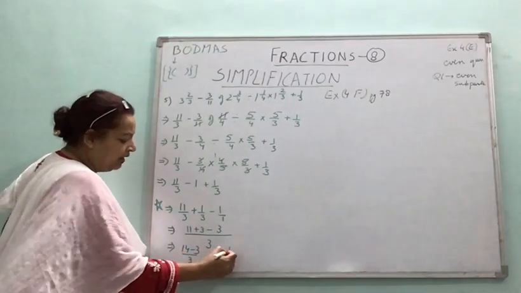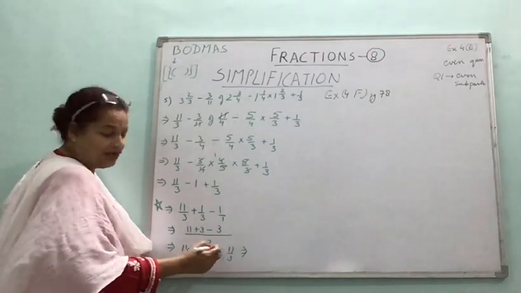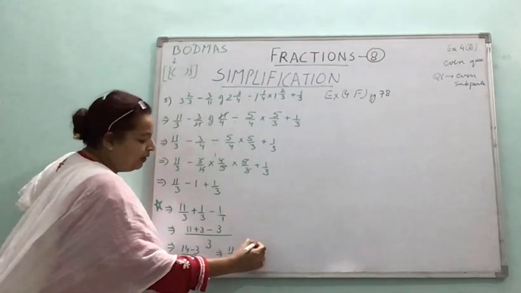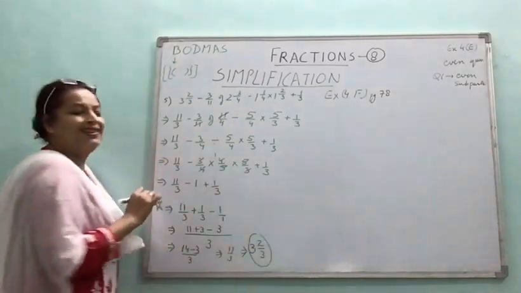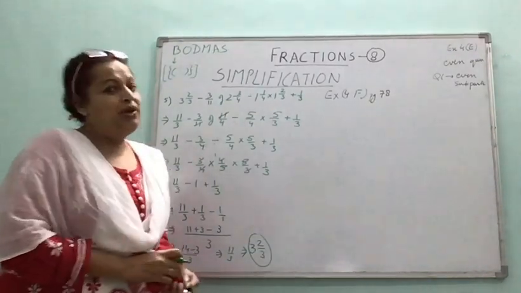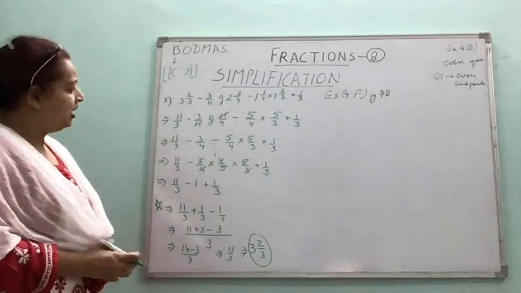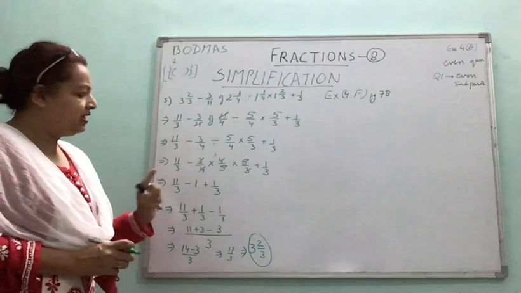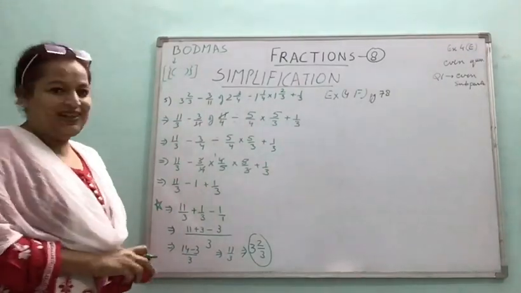You get 11 by 3, and in mixed fraction 3 whole 2 by 3 is your answer. But whenever you do, there should be no hurry, because any step you make, any mistake, your entire working goes wrong. So this is simplification.